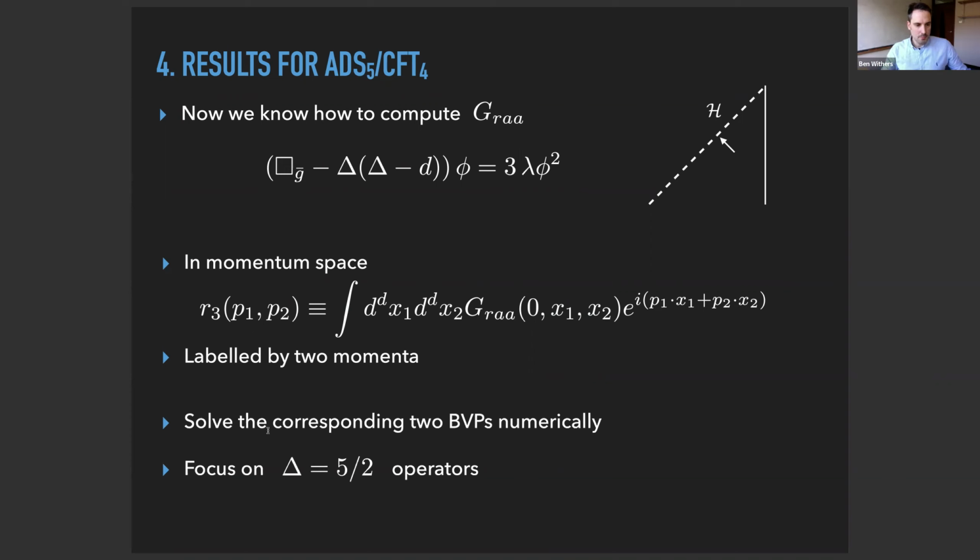So we have these two boundary value problems I mentioned in the previous 2 sections: the boundary value problem for the linear response, and the boundary value problem for the nonlinear response. Both of these require ingoing boundary conditions, and that computes this causal, retarded response. And if you're interested, we're focusing on Delta = 5/2 operators in this AdS5/CFT4.